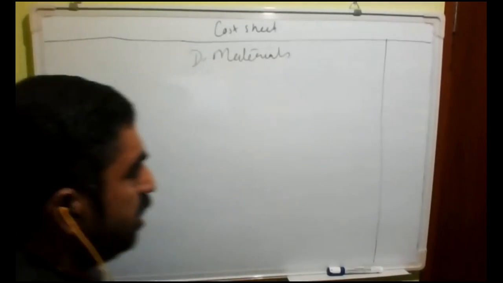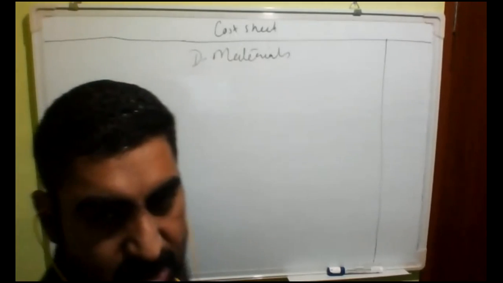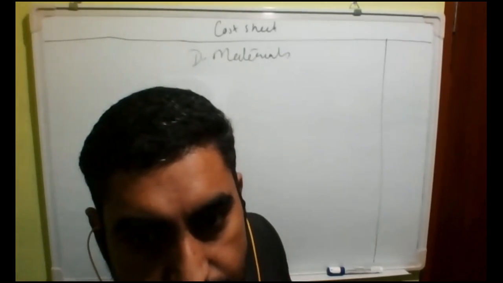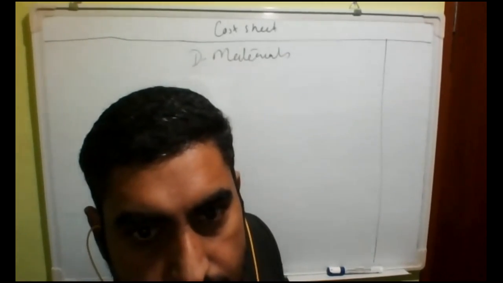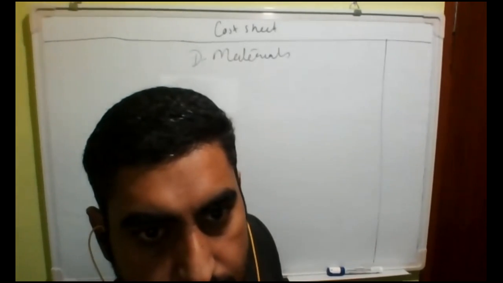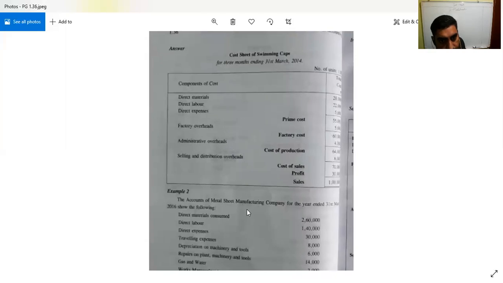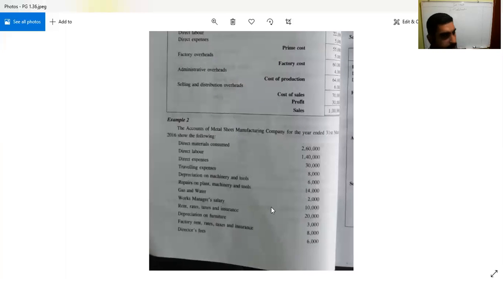So direct material, how much? Direct material 2,60,000. Then direct labor 1,40,000. Direct expenses 30,000.